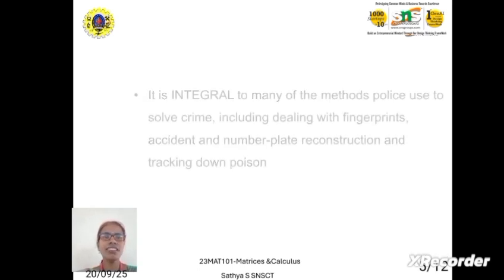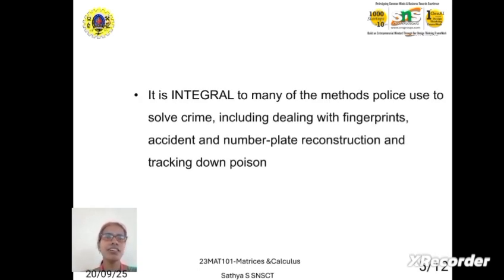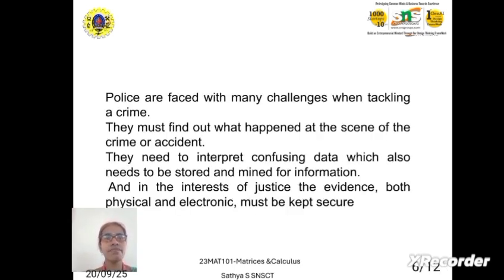The next thing is what is integral to solving the crime, which includes dealing with fingerprints, accidents, number plate reconstruction, and tracking down poison. And the next thing is what challenges the police are facing. We will see one by one.